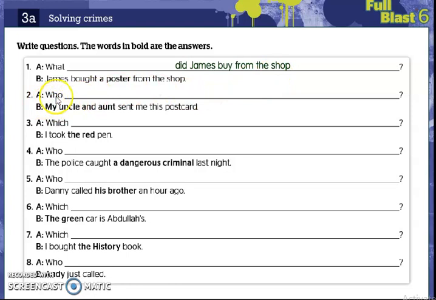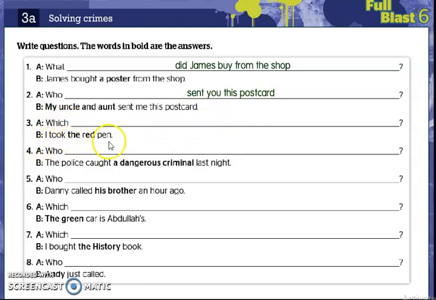Number 2, who blank. We ask about the subject. So my uncle and aunt sent this postcard. We'll say who sent you this postcard. Number 3, which blank.